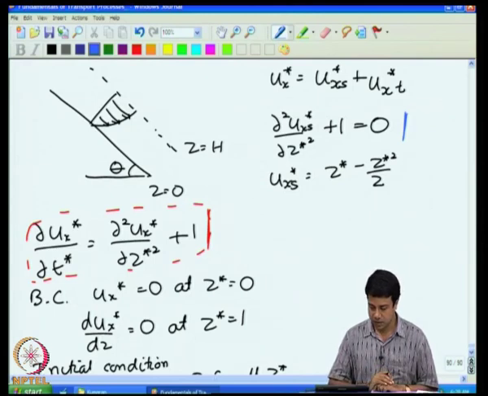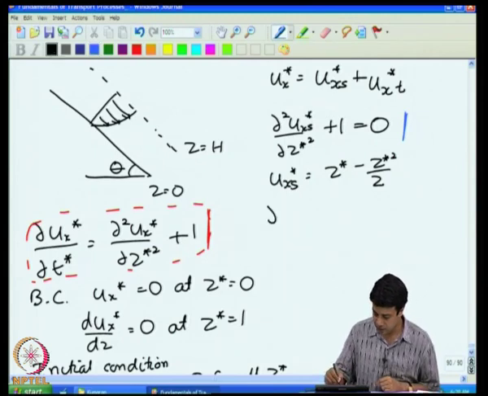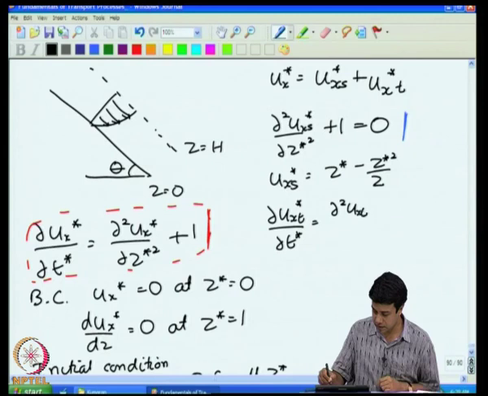And then I will get an equation for the transient part alone. duxt by dt is equal to d square uxt by dz square.